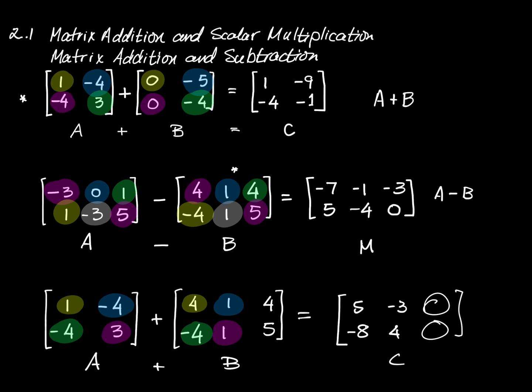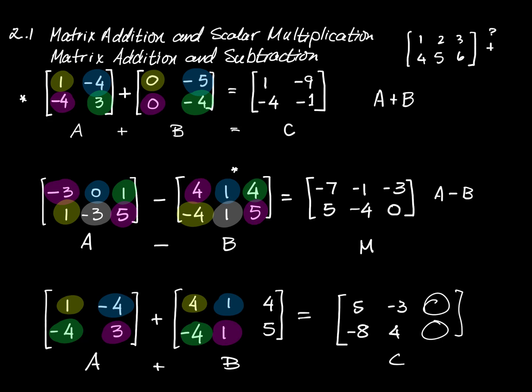So while the performance of matrix addition and subtraction is very, very easy and very, very straightforward, it can only be done on two matrices that have the same dimensions. If the dimensions of the matrices are opposite, as it were, so if you have a 2 by 3 matrix here, 1, 2, 3, 4, 5, 6, right, that's a 2 by 3 matrix.